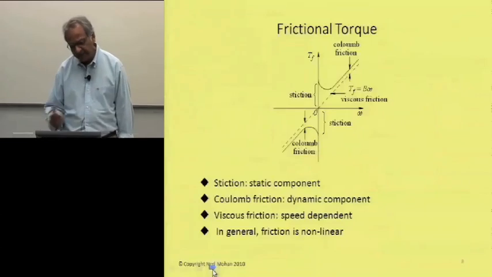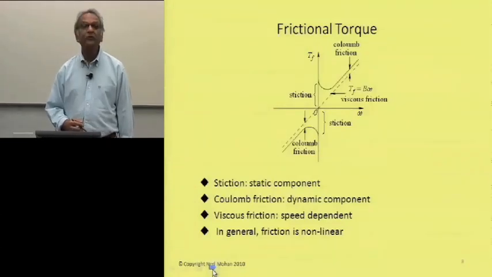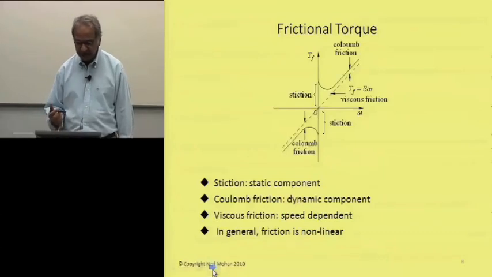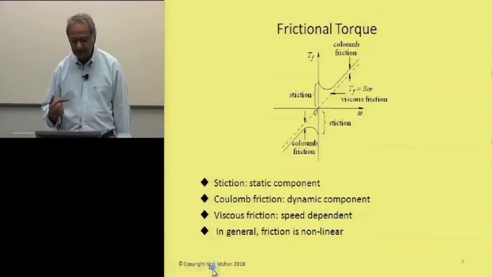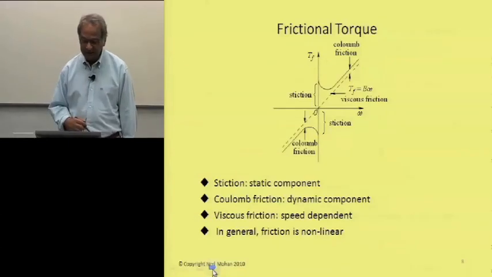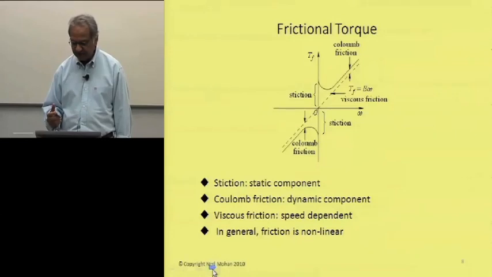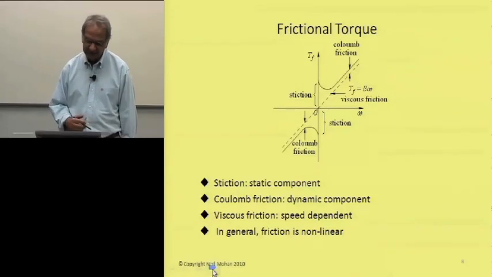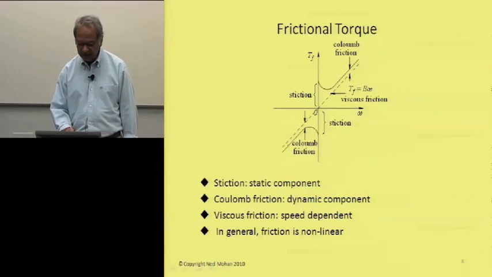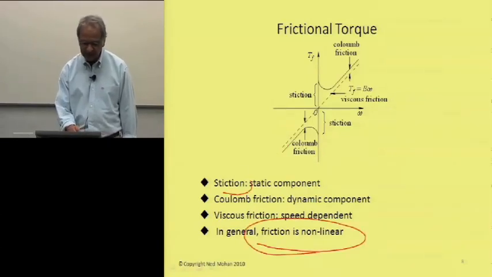The other thing we should be aware of, in our previous discussion, we ignored friction, but there's always friction, and we have to supply additional torque to overcome this frictional torque, which will tend to oppose this change in acceleration or speed and things like that. So this frictional torque is very nonlinear in general and consists of so-called stiction.